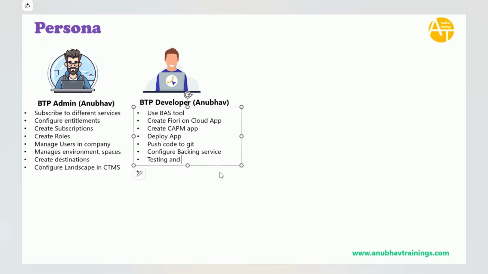Testing and deployment. Manage applications. What you did as a developer, that's what an SAP BTP developer does. We are developers, right? Till now I played both the roles in this training for you. Correct?